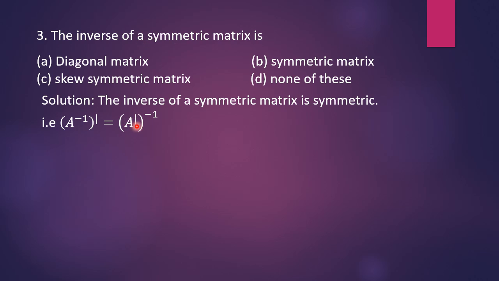That means A dash is nothing but A. So transpose of A inverse is again A inverse itself. That indicates that the matrix is a symmetric matrix. Therefore, the inverse of the matrix is a symmetric matrix. That is option B.